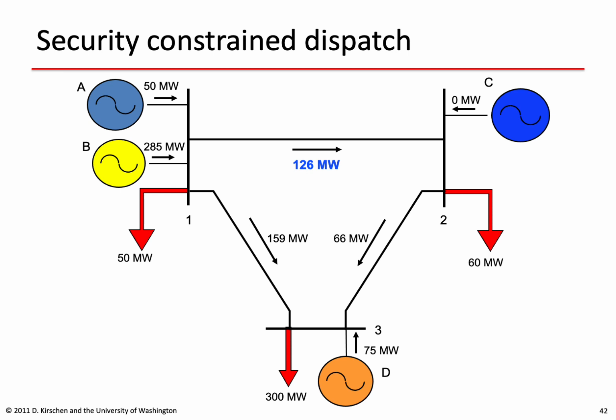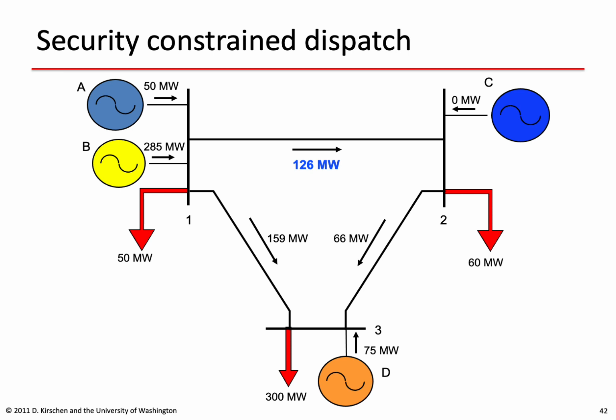So this figure shows the security constraint dispatch, showing that we now have 126 megawatts flowing from bus 1 to bus 2, which is just the maximum allowed in this line. We have cut the generation from generator A, because it's the more expensive of the two generators connected at bus 1.